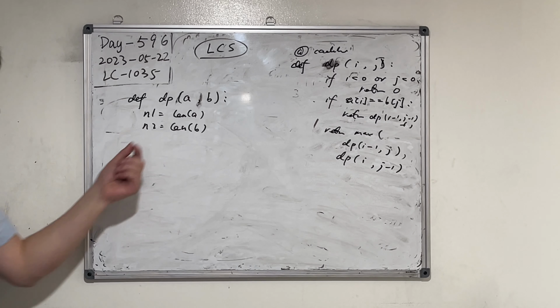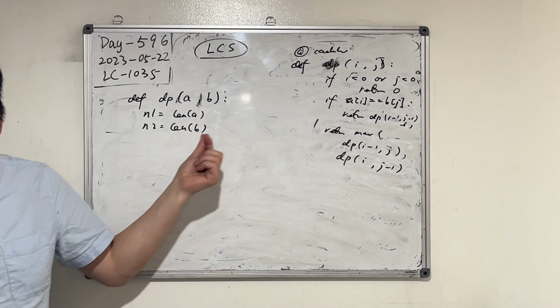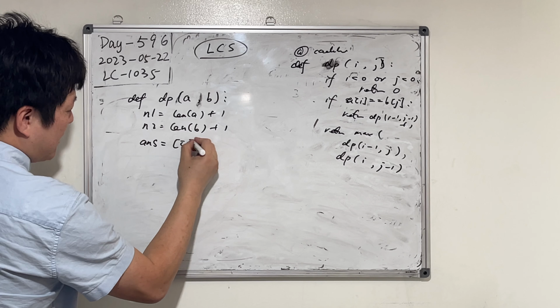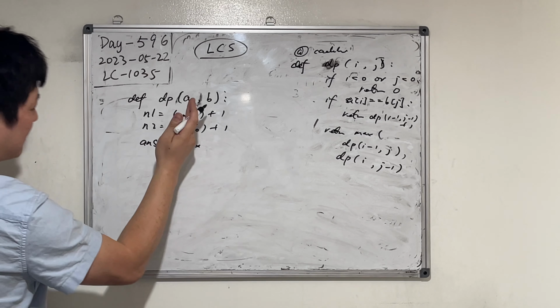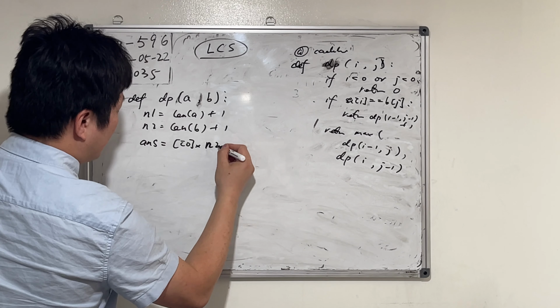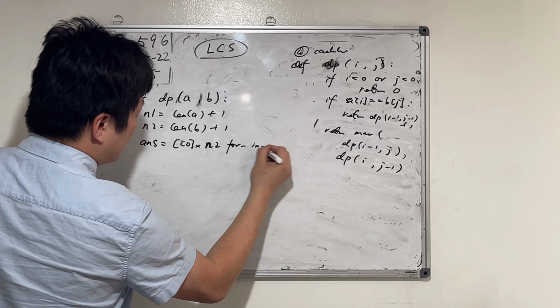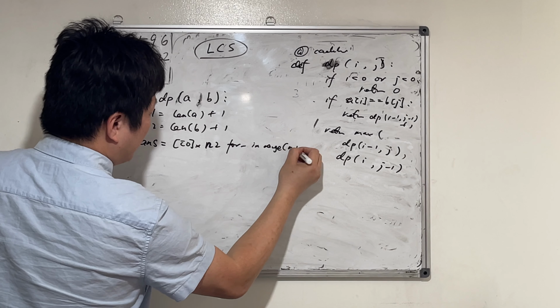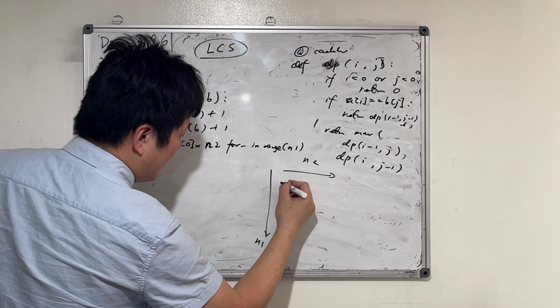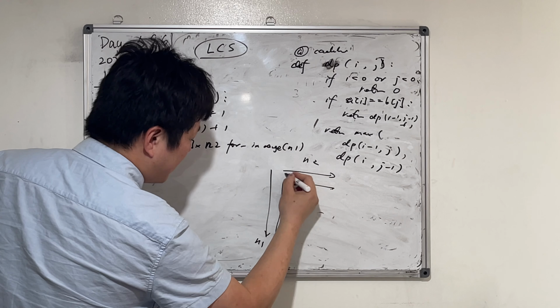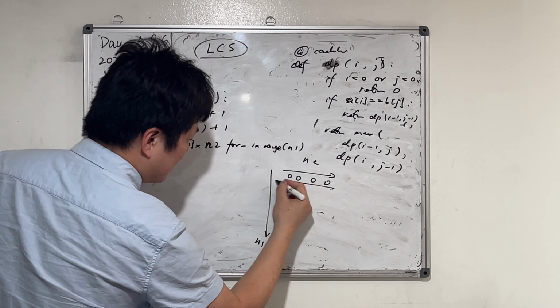Remember we added the extra bit, plus 1 plus 1. So the answer equals [0] times n2 for underscore in range n1, where n1 is the rows and n2 is the columns, and then we add the extra bit 0.